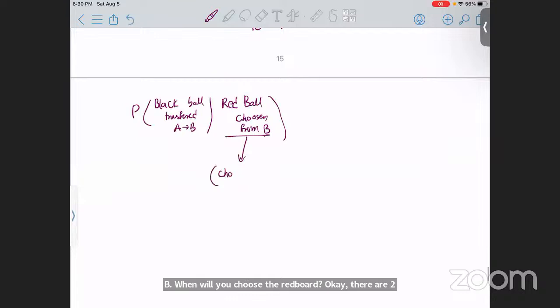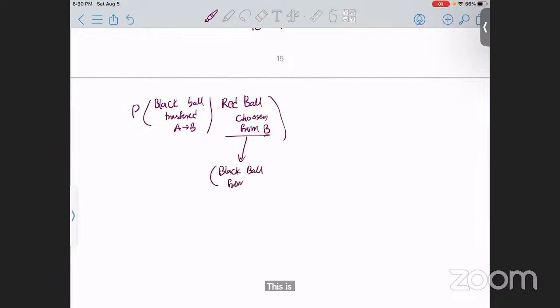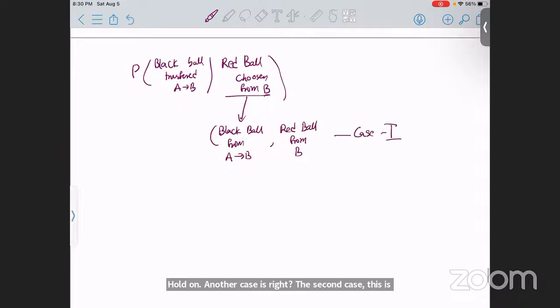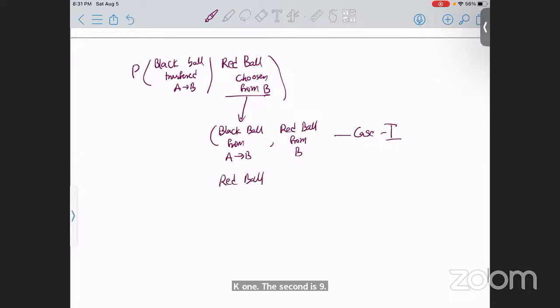Case one: black ball from A to B and red ball from B. The second case is red ball from A to B and black ball from B. Agree?